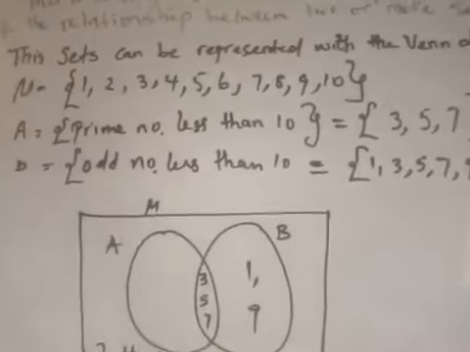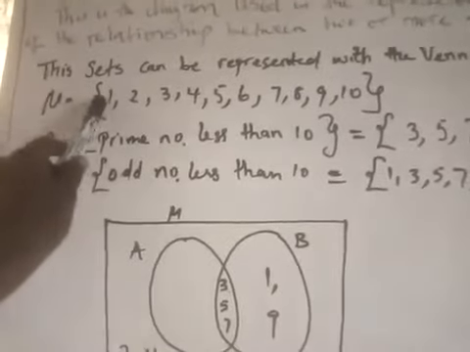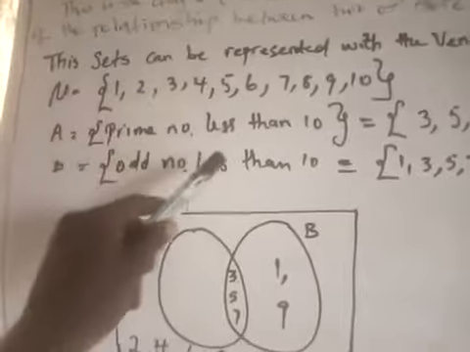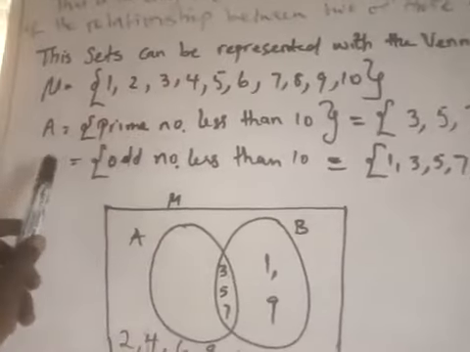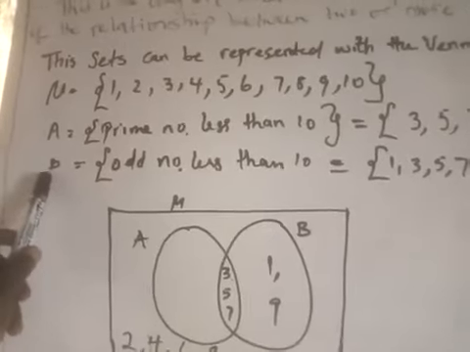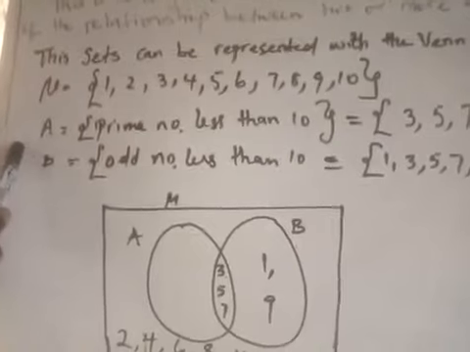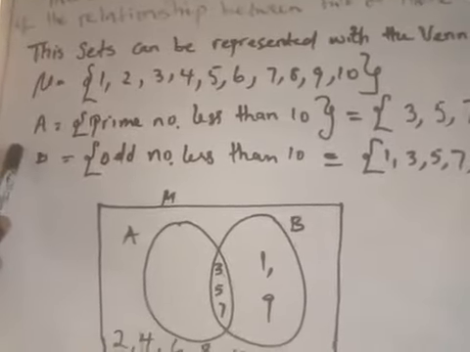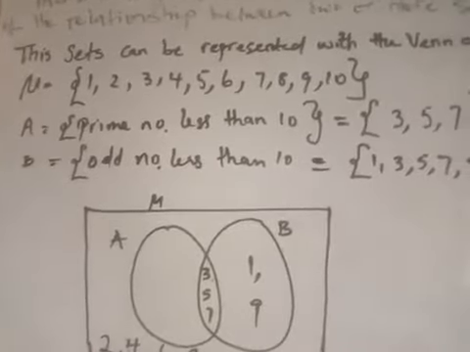For example, don't forget that this is a universal set which has elements 1, 2, 3, 4, 5, 6 up to 10. A is a prime number less than 10, and B is also a subset, odd numbers less than 10.